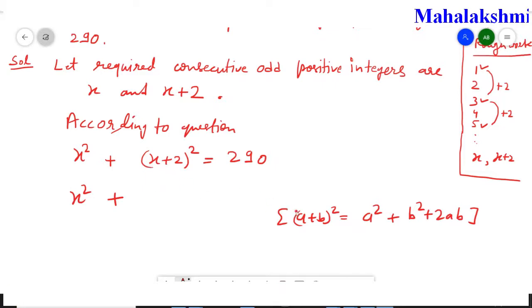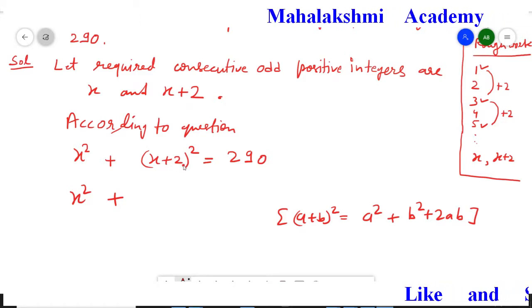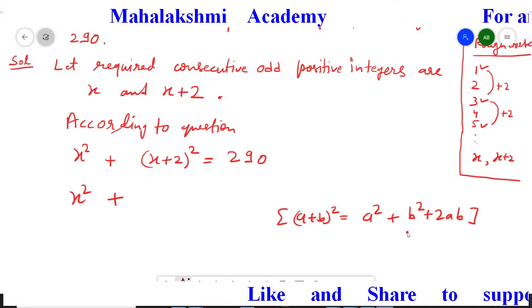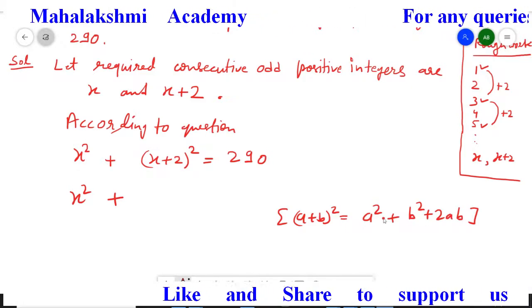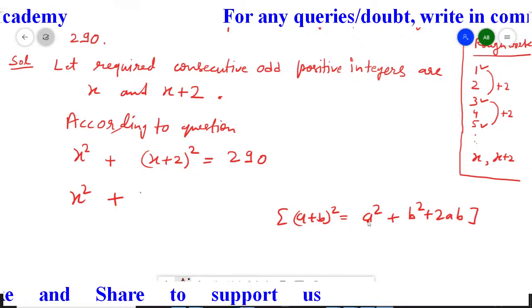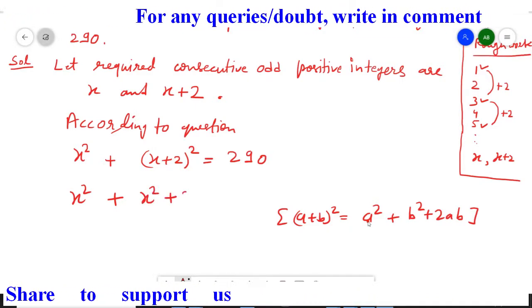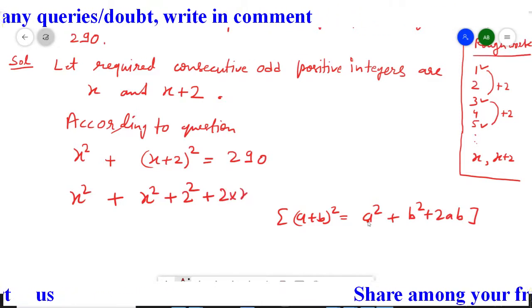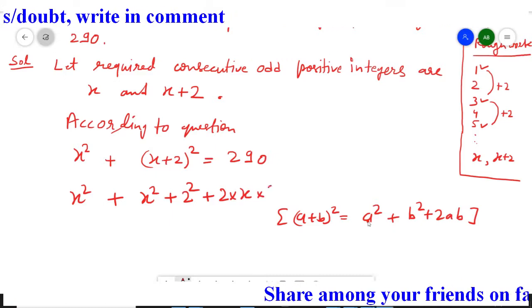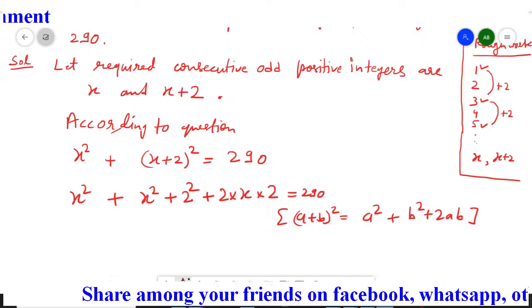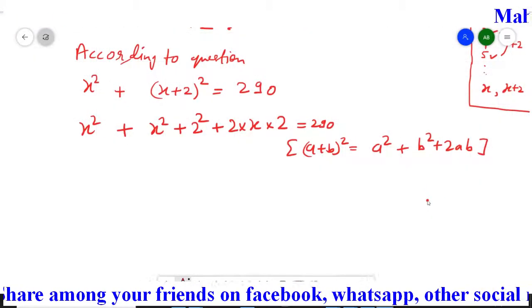A means the first term, which is x, and b means the second term, that is 2. So a is x and b is 2. A square means x square, so we get x square, then b square means 2 square, plus 2ab means 2 multiplied by x, multiplied by 2, is equal to 290.